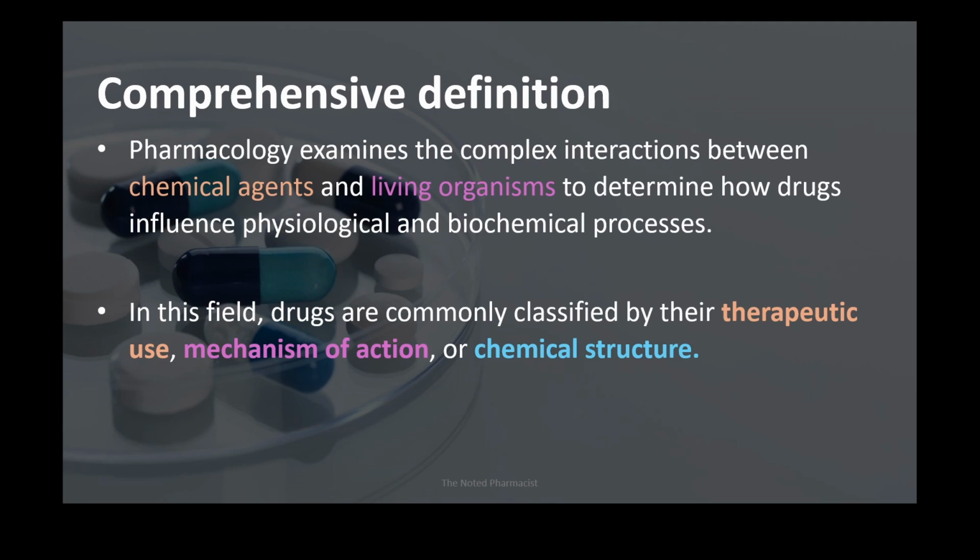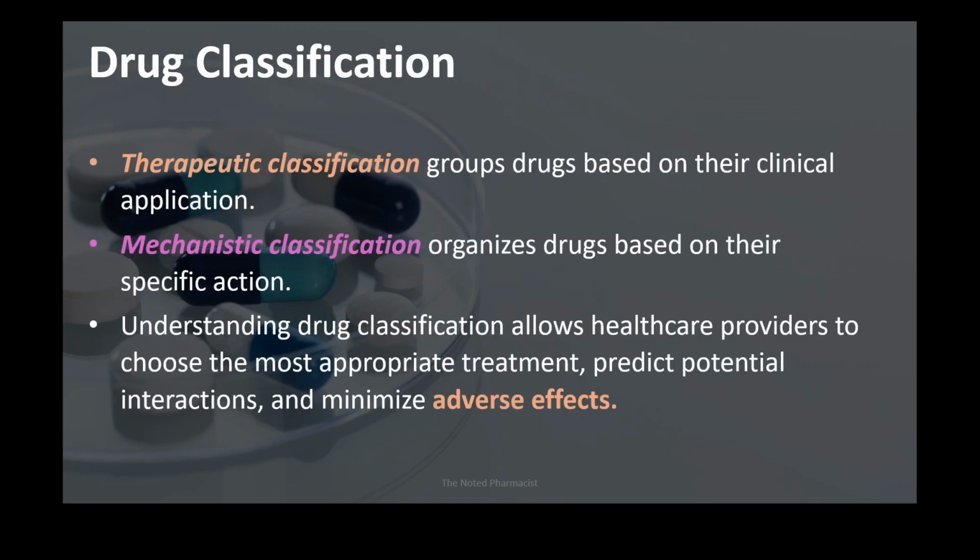In this field, drugs are commonly classified by their therapeutic use, mechanism of action, or chemical structure. For example, therapeutic classification groups drugs based on their clinical application, antibiotics for infections, analgesics for pain relief, or antihypertensives for managing blood pressure. In contrast, mechanistic classification organizes drugs based on their specific action.